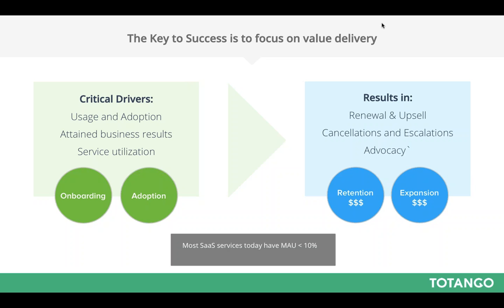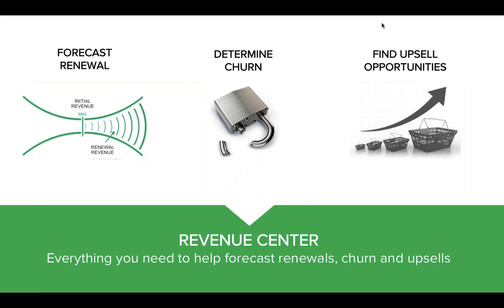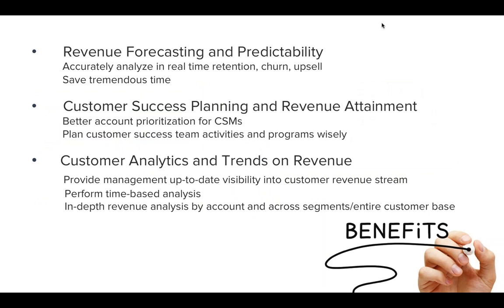The main thing we wanted to do here is provide you with a way to measure and forecast those financial results. So that's the main thing about the Revenue Center. It's about everything you need to know in order to forecast your renewals, churns, and upsells, and also find some upsell opportunities. You can see some of the benefits here.